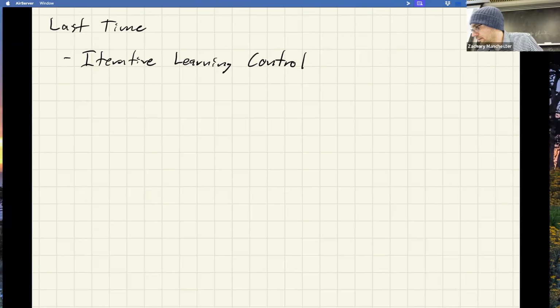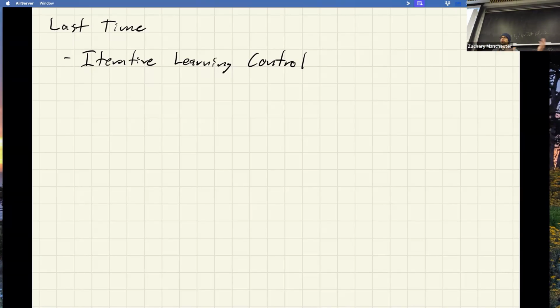So last time we did this iterative learning control stuff. This is part of a very broad scope of things you can do when there is, the current popular term is sim to real gap, but model error, model mismatch, where the real system doesn't exactly match the predictions from your model or your simulator, right?